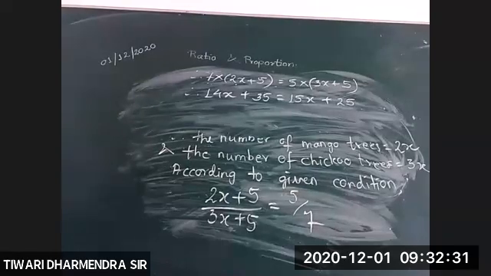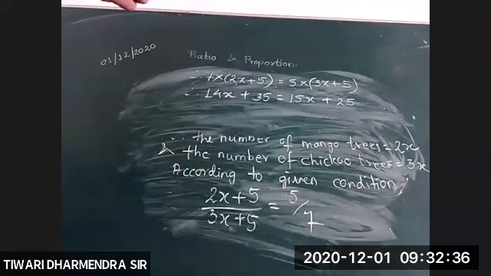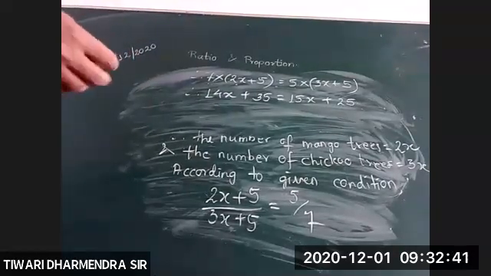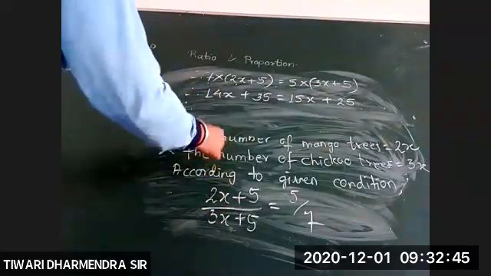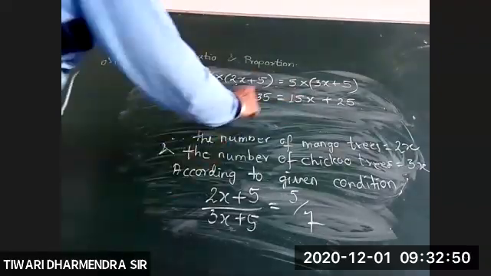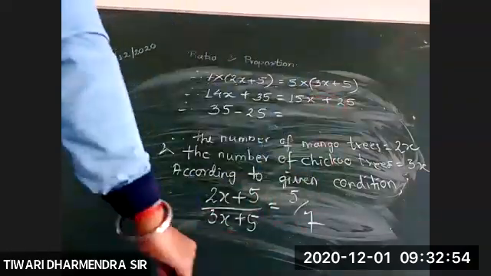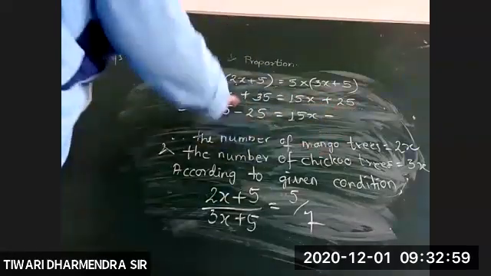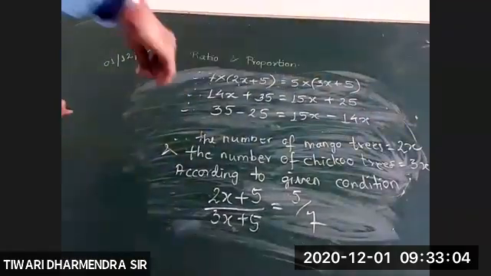Now what do you do? Just take the terms having variable x together and the constant terms together. So we can take 14x to that side, and the constant term to the left hand side. 35 minus 25, as it was positive on the right hand side, will become negative, and 15x minus 14x, taking 14 to that side, it was positive and will become negative.